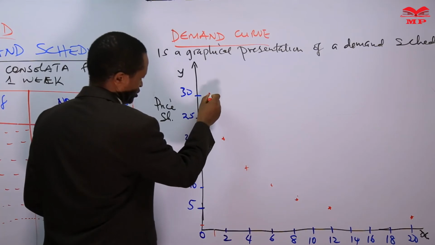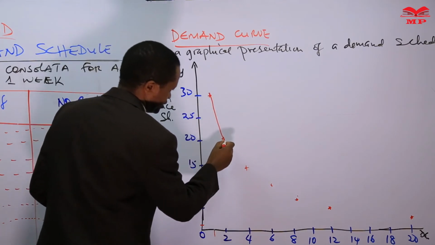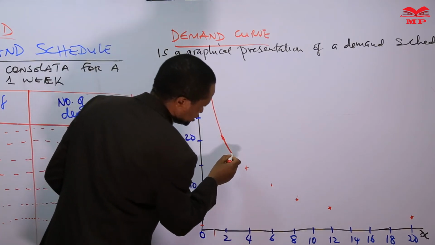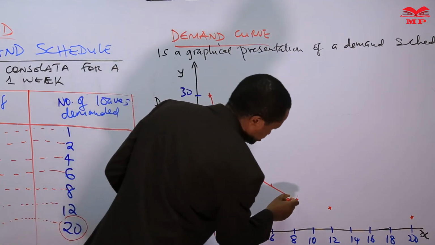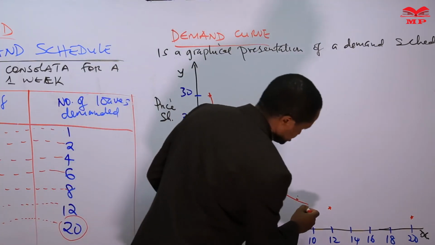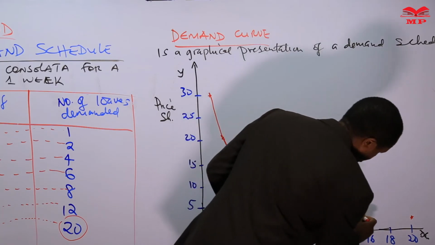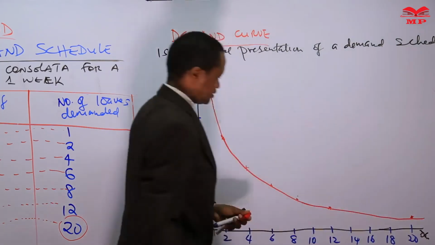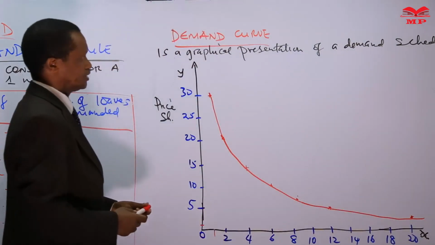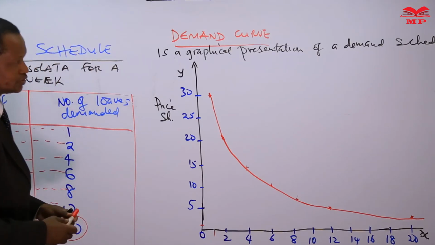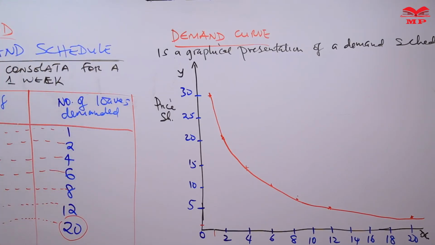We join the points. That is it. So that is our graphical presentation of a demand schedule, which is a demand curve. A demand curve is a graphical representation of a demand schedule.